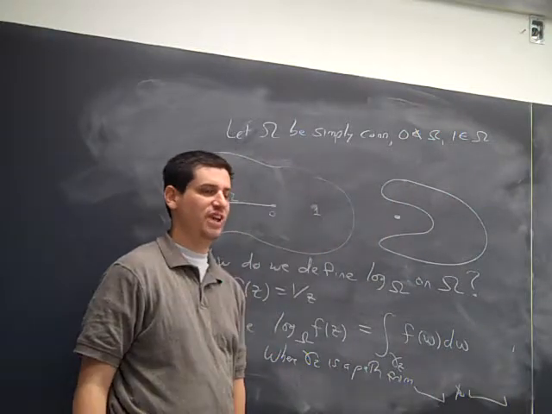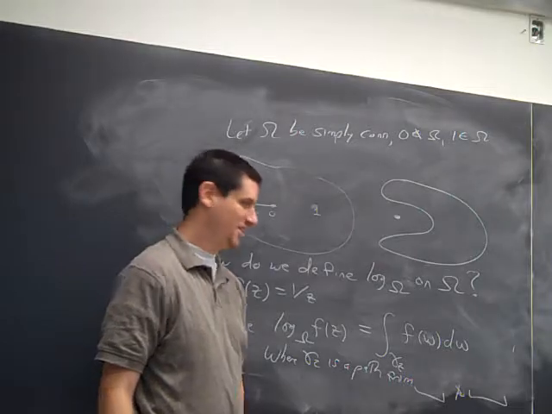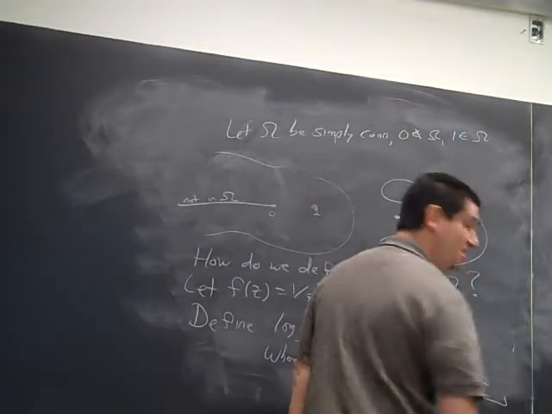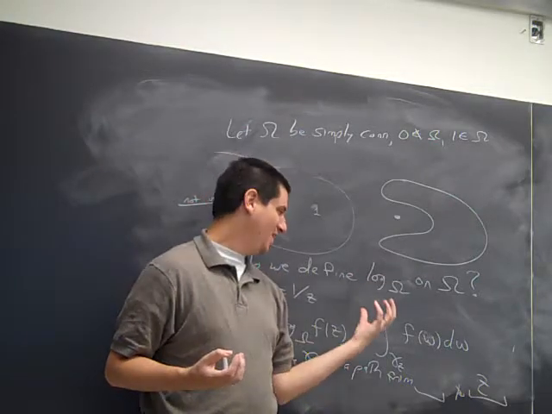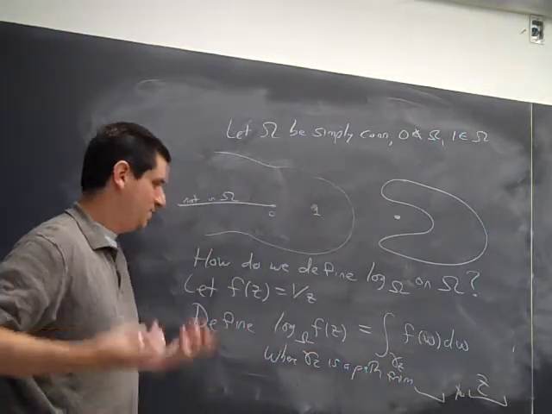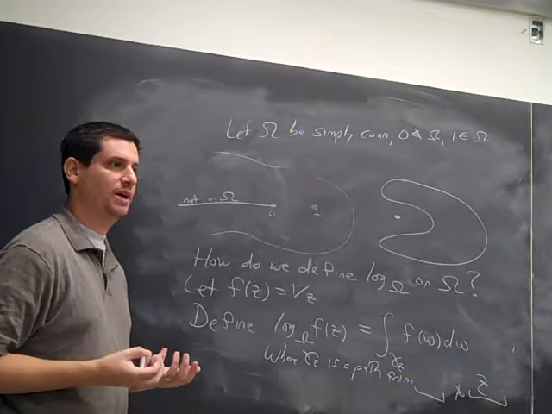So where do you think the path should end? Z, right? Z should be playing some role in this game. I'm trying to define the logarithm at the point z. Z should somehow play a role.